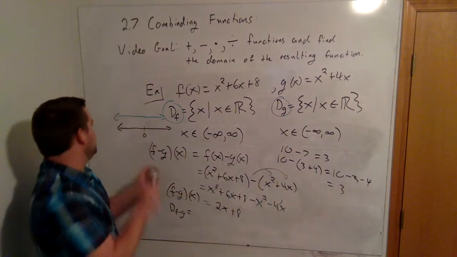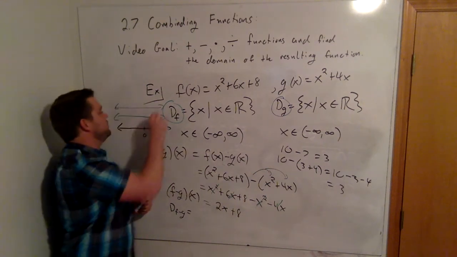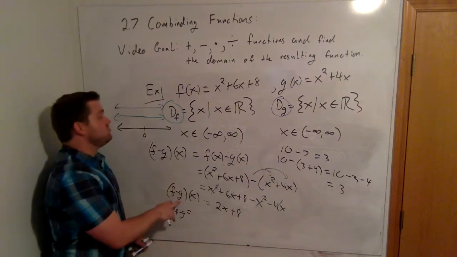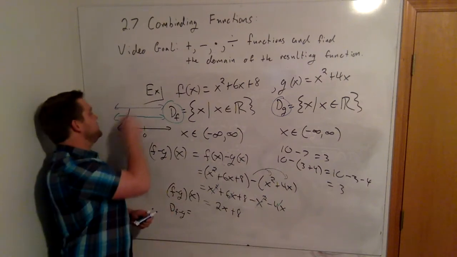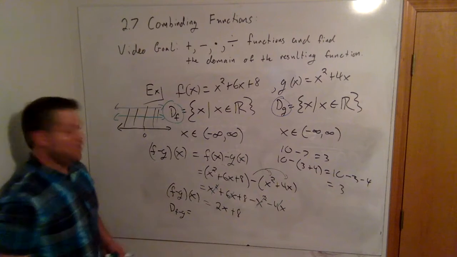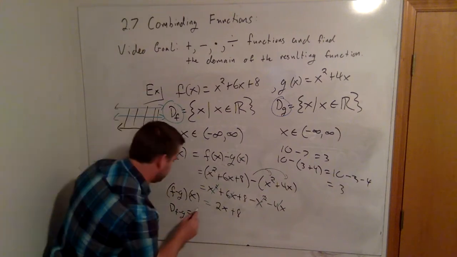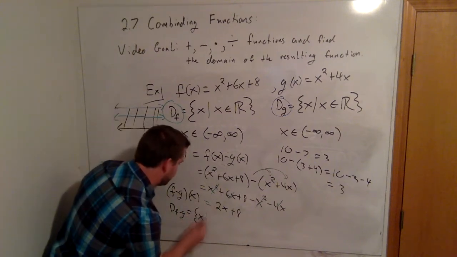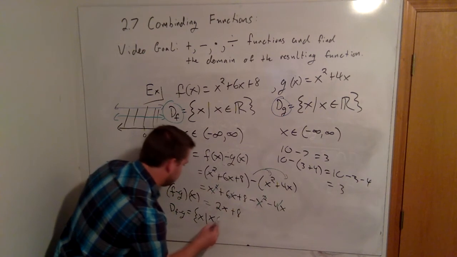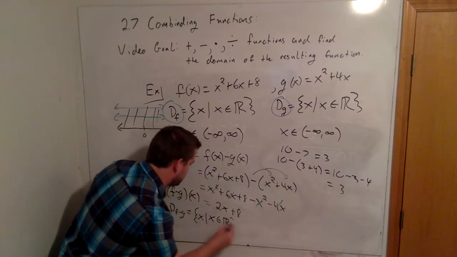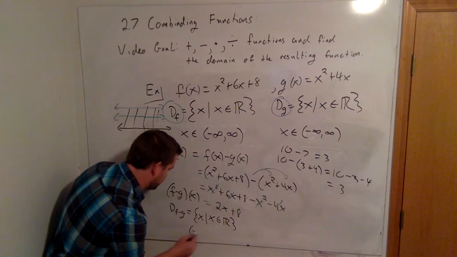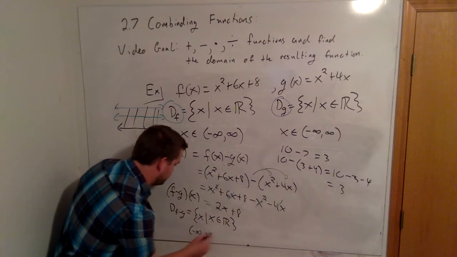What can I plug into g? Any real numbers. What works for both of those functions? That's the intersection, which is again all real numbers. So the domain of f minus g is all x such that x is a real number, or you could just write from negative infinity to infinity. Both mean the same thing.